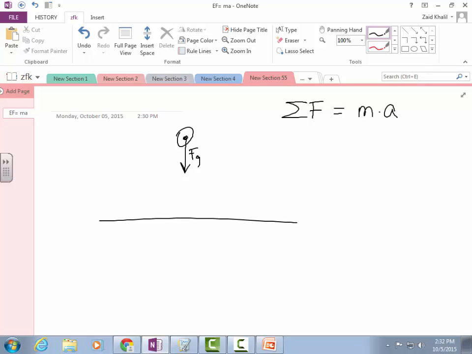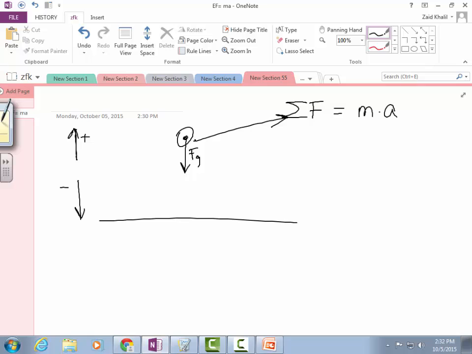Positive. So let's call up positive, and we'll call down negative. The free body diagram goes on the left side of Newton's second law. This goes here.